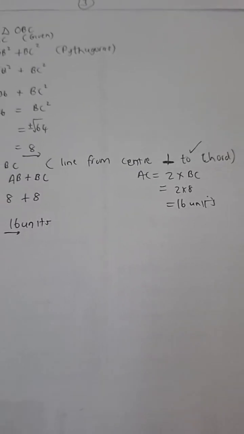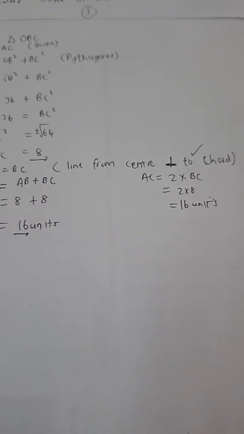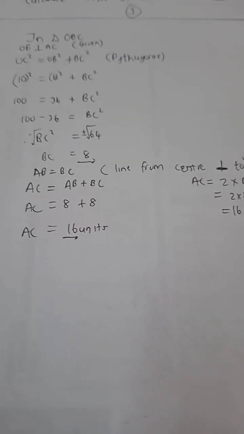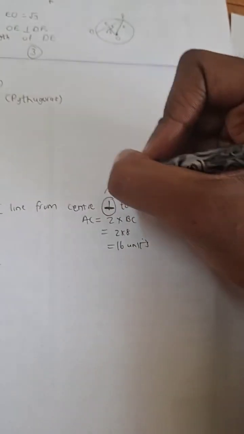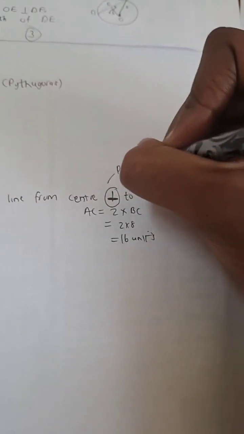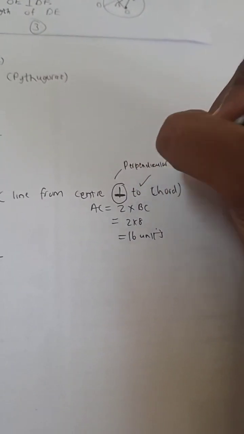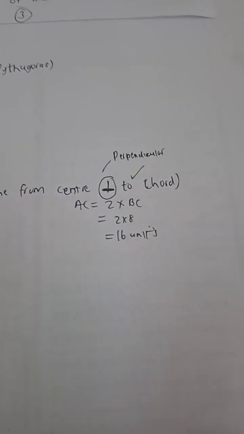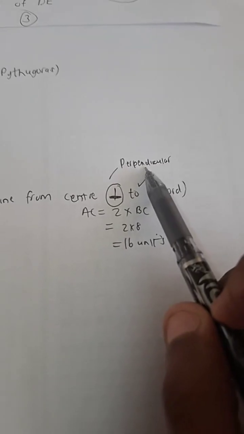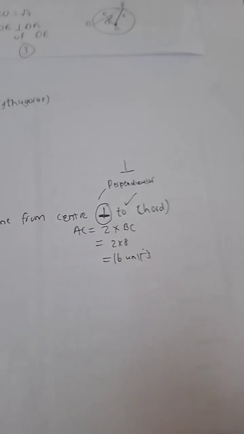Look, Call Me Leo said, AB is equal to BC. Beautiful. Line from the center perpendicular to chord. That's 100% fine. The reason I am using this symbol is because it is short form for perpendicular. If you go to the document of acceptable reasons for Grade 11 Euclidean Geometry, perpendicular can be written in short form as this symbol. You see?